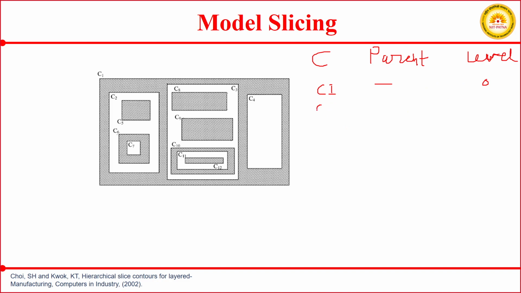For C2, who is the parent? C1 is the parent. And obviously the level will be 1, because we need to increase the level of this son. So what will be the level for C2?